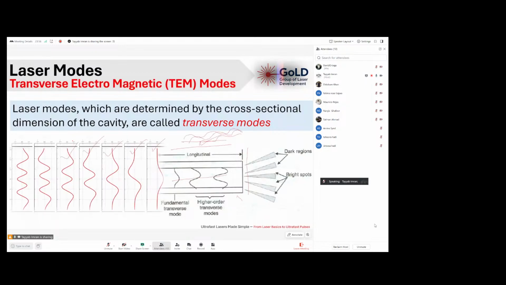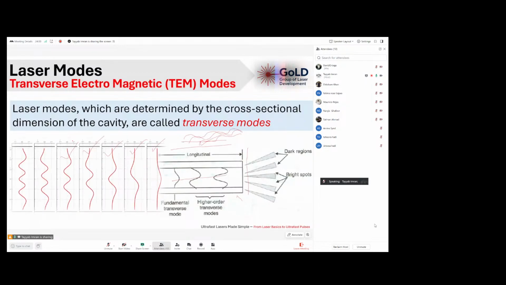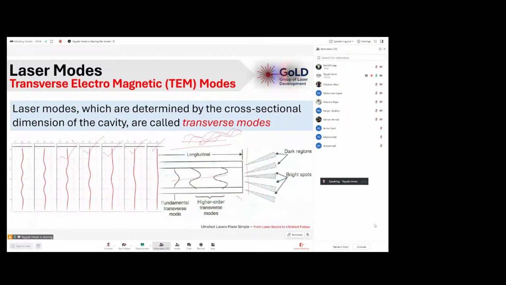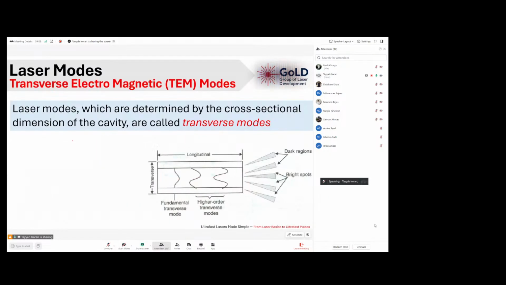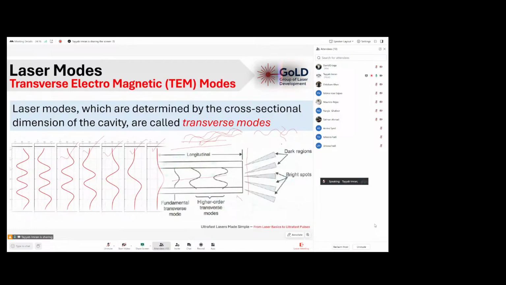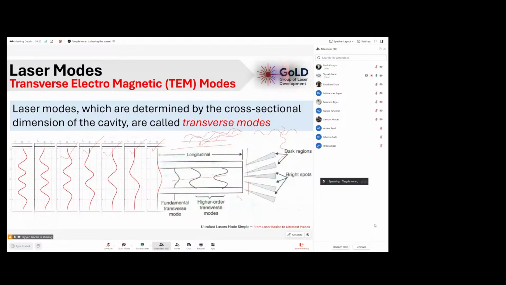If the cavity dimension is big enough, then we may have all these modes. Along with the longitudinal modes, we have transverse modes as well. So what does it mean? You have these longitudinal modes here, and we have transverse ones like this as well, here, here, and here.